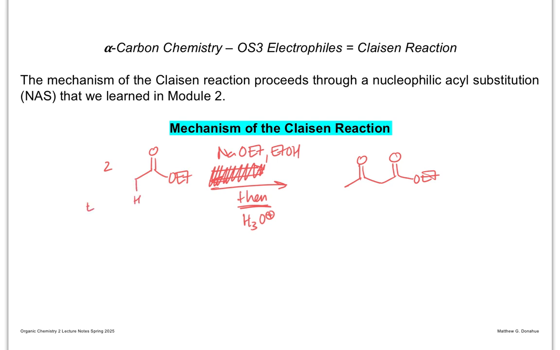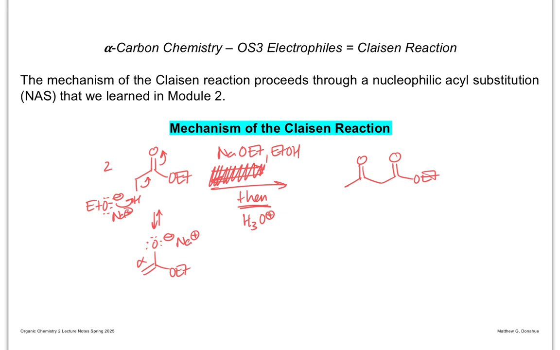So we have sodium ethoxide, that's our base. That's going to form the enolate. That's the nucleophilic component. So that's an alpha carbon.